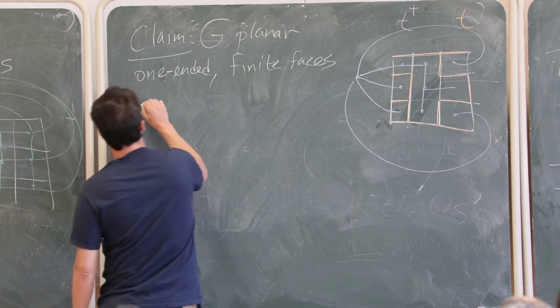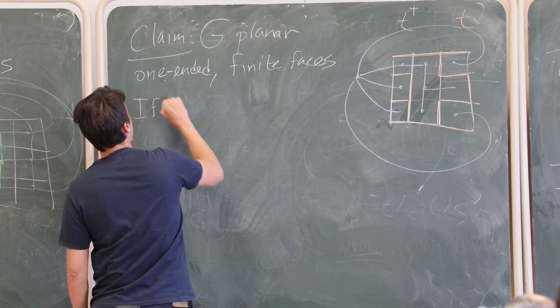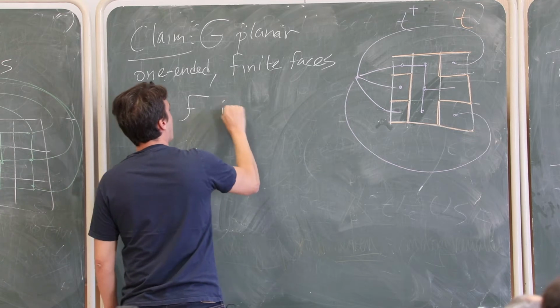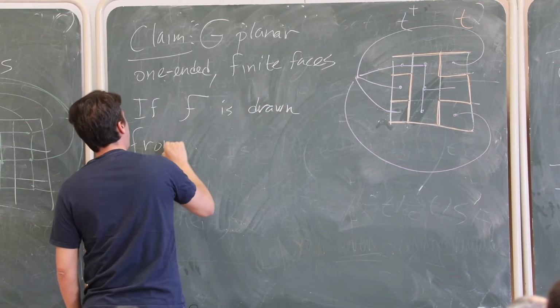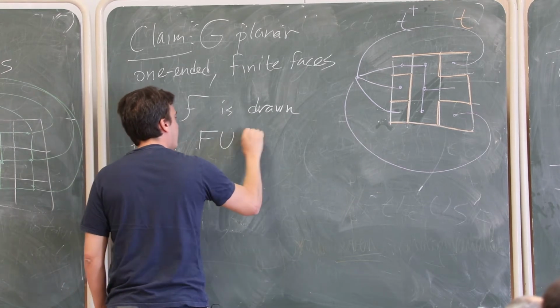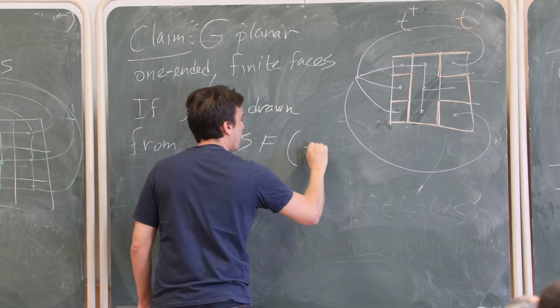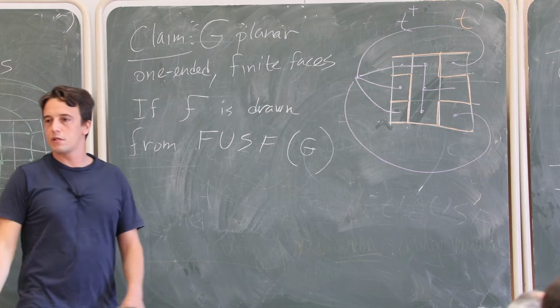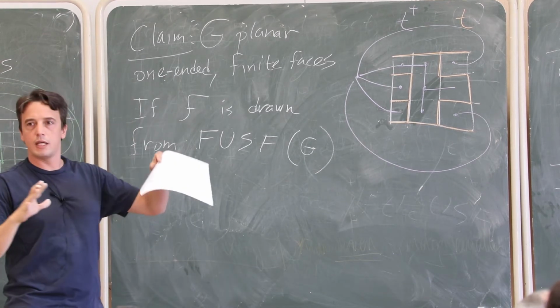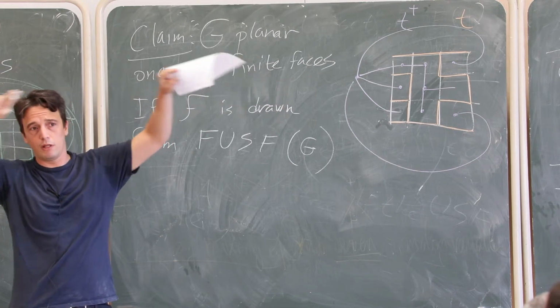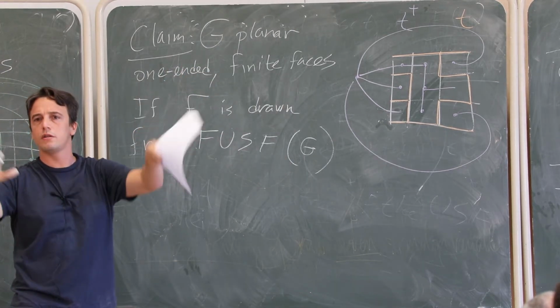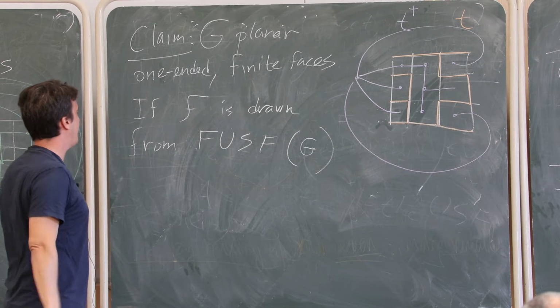And here it is. If F, so I'm writing F, is drawn from the free uniform spanning forest of the graph G, right? So I'm drawing this F by taking bigger and bigger boxes in my graph, leaving free boundary conditions, not wiring, drawing the UST, and I get a certain limit.